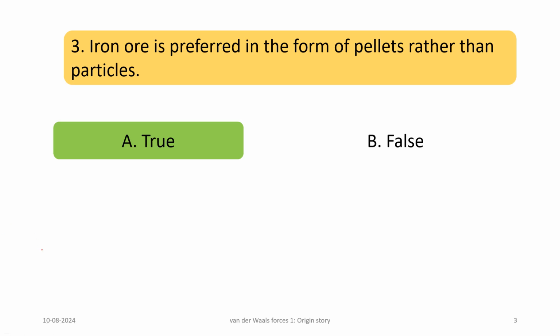So if the iron ores are in the form of particles, what will happen? They will tightly pack and restrict the flow in the furnace or anywhere else. That is why they are used in the form of pellets.